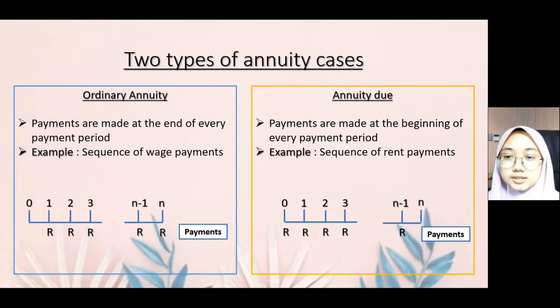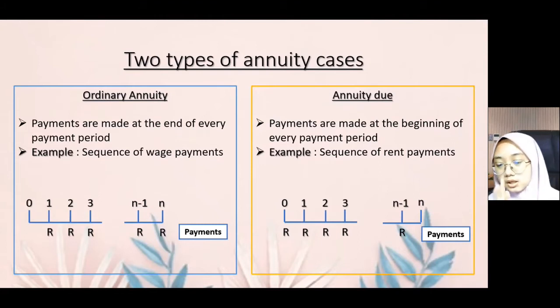And then secondly is annuity due. In the annuity due case, payments are made at the beginning of every payment period. As we can see in the figure below, the R, which represents payments, occurs at the beginning of every period of time.